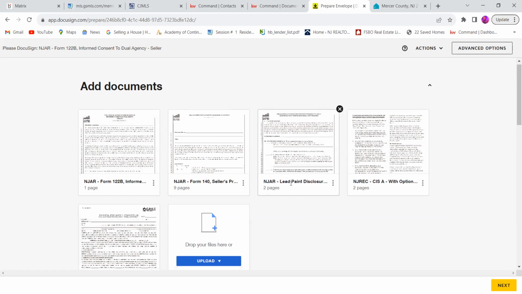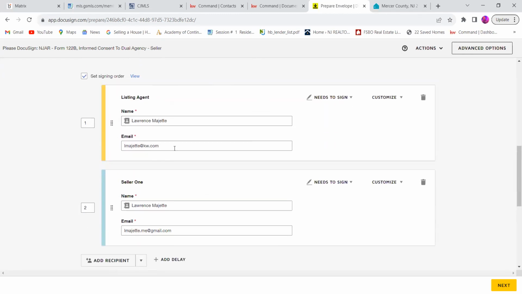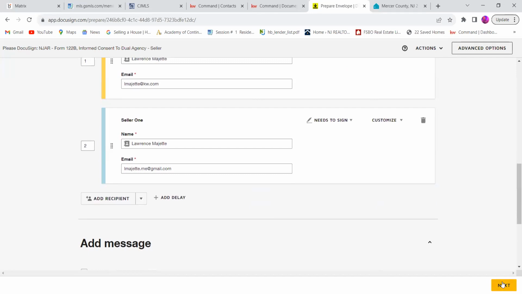We can view them again, but we don't need to. We're going to scroll down here and make sure that all our information is good. So I'm the listing agent. I'm also the seller, but I couldn't do that. But oh, look at me. So make sure your contact information is all good here. And then we're going to scroll down and go to next.